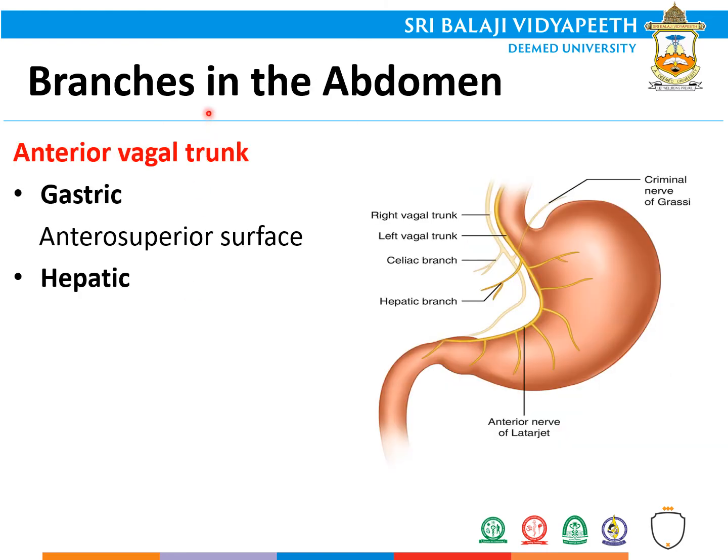Now, as we just saw, how does the vagus nerve enter the abdomen? By the anterior vagal trunk passing through the esophageal opening of the diaphragm.